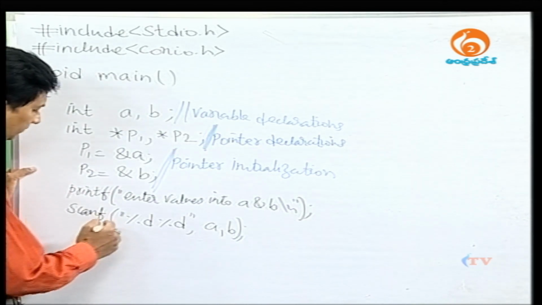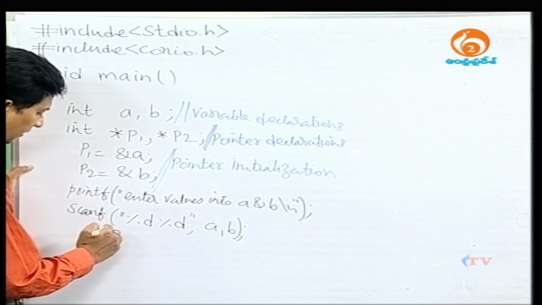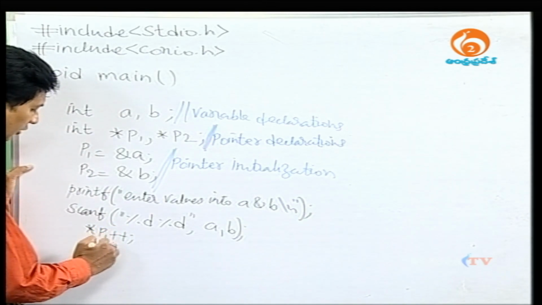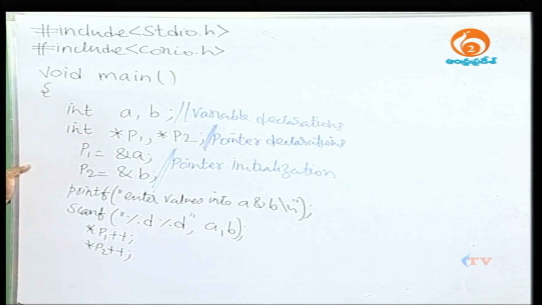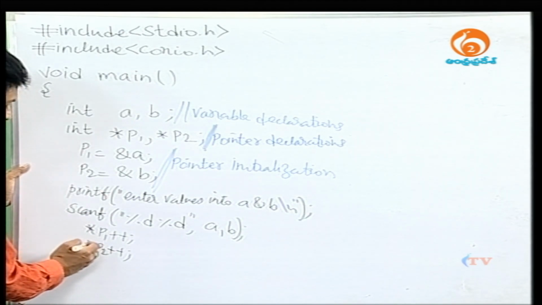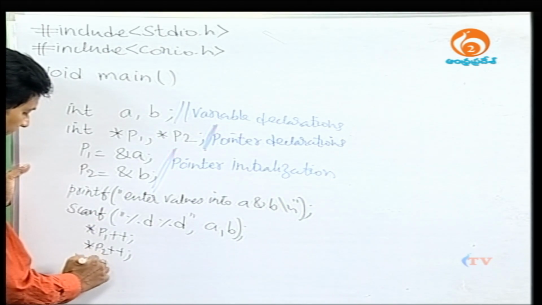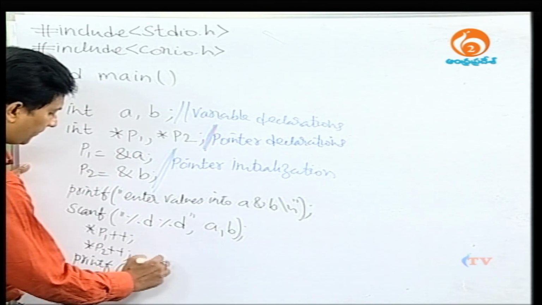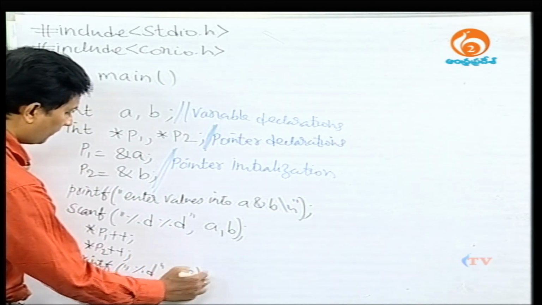Next, star P1 plus plus, star P2 plus plus. Next, printf %d star P1, getch.